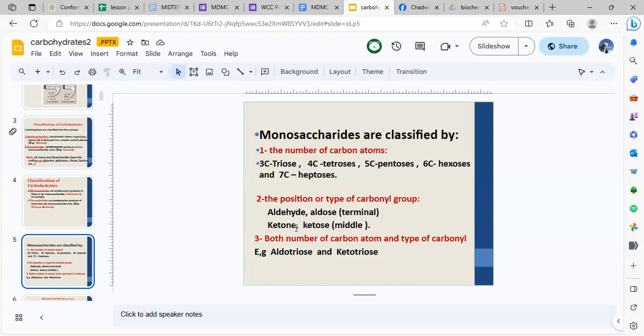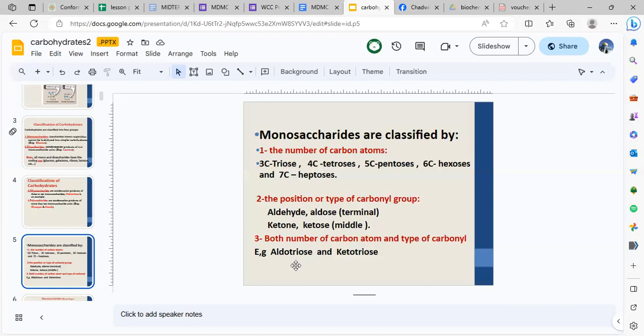If the carbonyl group is found in the middle, between two carbons, then it's a ketone, so you call it a ketose. The third category is you can use both. You can combine the number of carbon atoms and the type of carbonyl group.